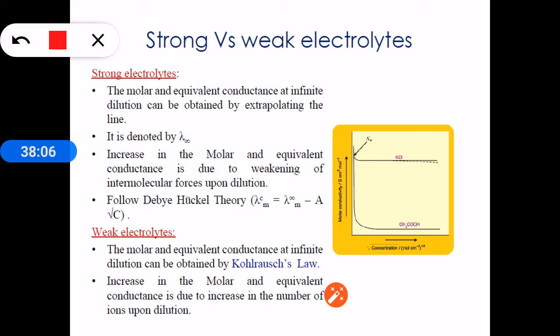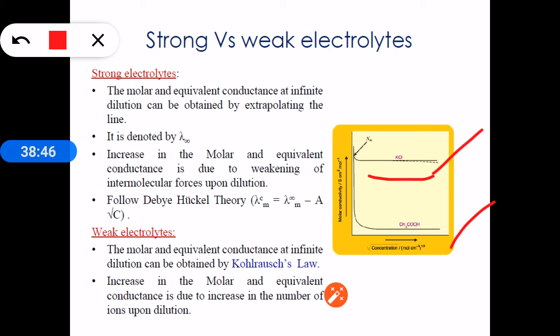The conductance of weak electrolytes increases with dilution, and according to Arrhenius theory, with an increase in dilution, the degree of dissociation increases. So as the degree of dissociation increases, the number of ions will also increase, so the conductance value increases. So Arrhenius theory can explain the conductance behavior of weak electrolytes on dilution. But in the case of strong electrolytes, they have already undergone complete ionization at ordinary dilutions or at high concentrations itself, but still their conductance value is increasing slightly.